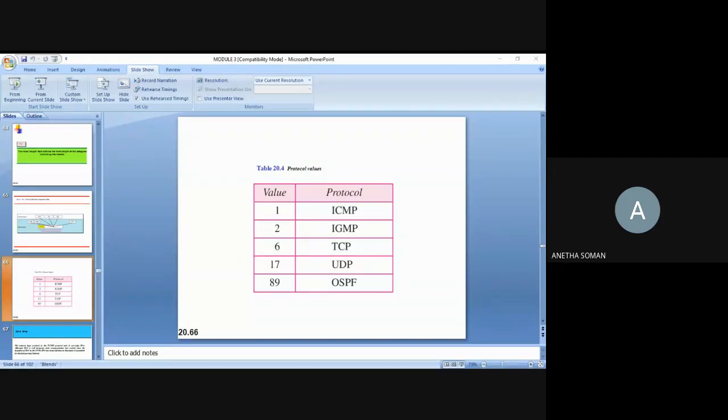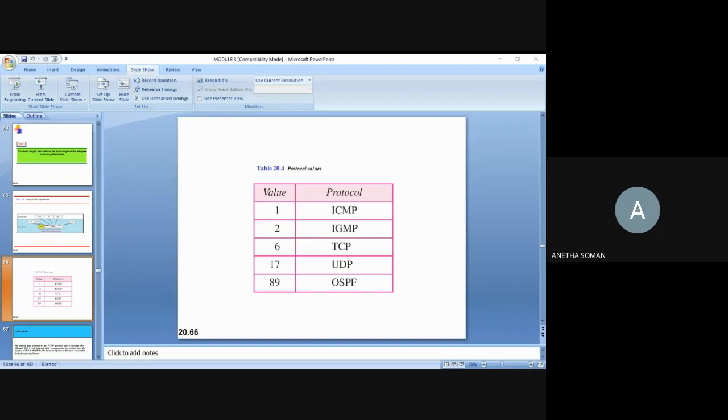Now the next field is called the checksum field. What is the importance of checksum? You have already learned it. You have written the exam also. Why do we need checksum? Yeah, Afla. The data unit transmitted is divided into segments.